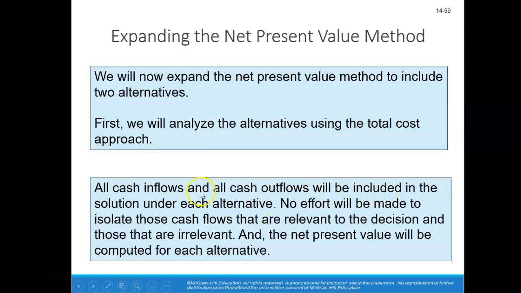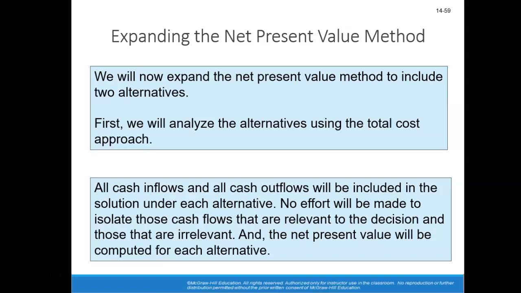No effort will be made to isolate those cash flows that are relevant to the decision and those that are irrelevant. Whatever cash inflows and outflows are involved, we'll look at all of those, whether relevant or not.